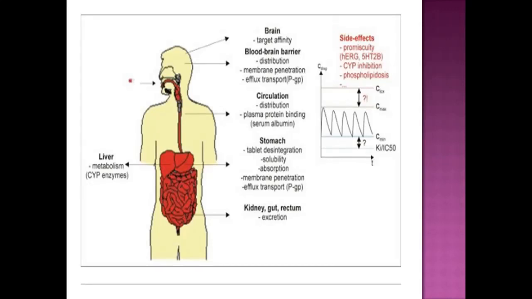Whereas in the circulation, again, there will be the distribution of the drug, and plasma protein binding or serum albumin binding may occur. Whereas in the stomach, the tablet disintegrates, there will be the solubility, absorption, and membrane penetration. Also, efflux transport might happen. In the liver, mainly it will get metabolized by the CYP enzymes, and in the kidney and gut and rectum, it gets excreted.